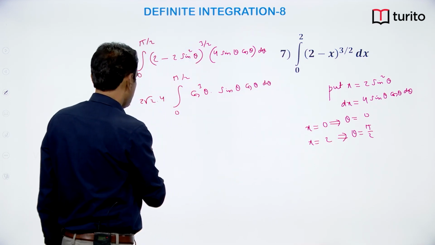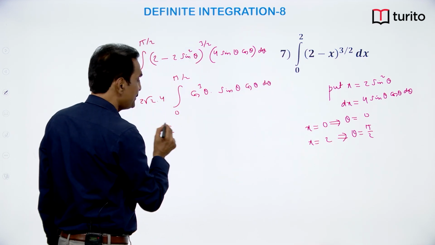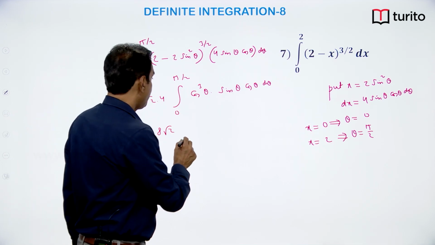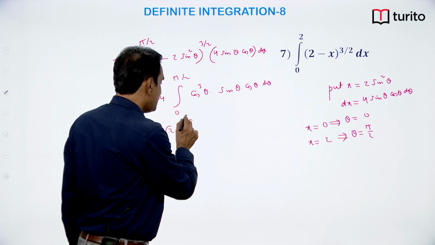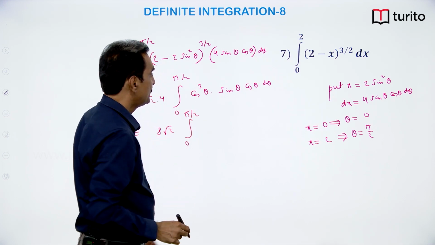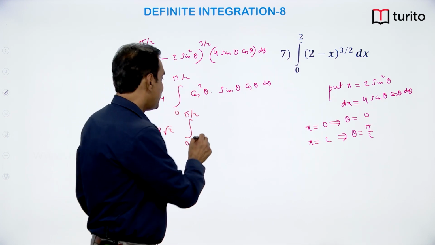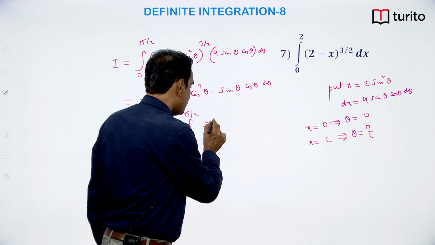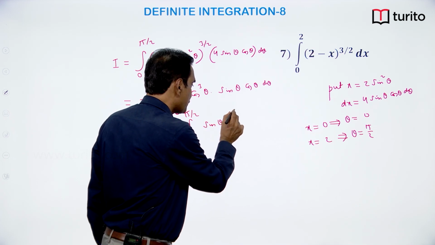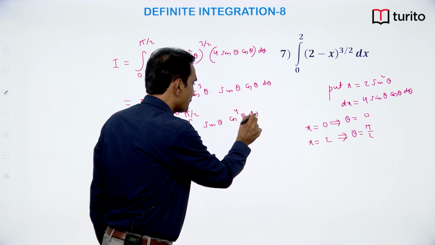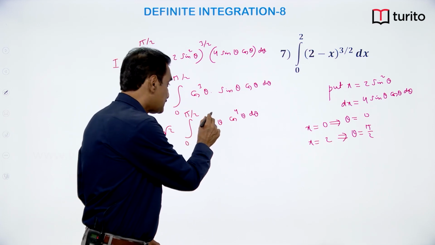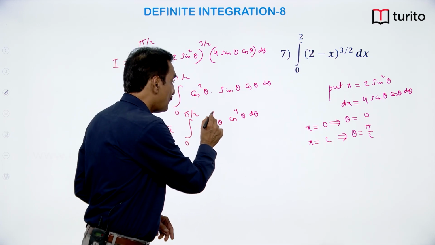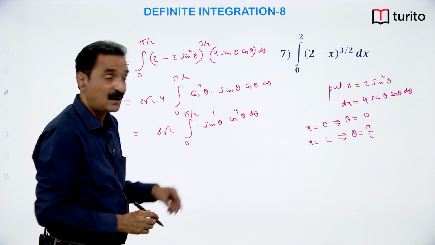Now this is 8 root 2 into integral 0 to pi by 2 sin theta into cos power 4 theta. This is what, I 1 comma 4.